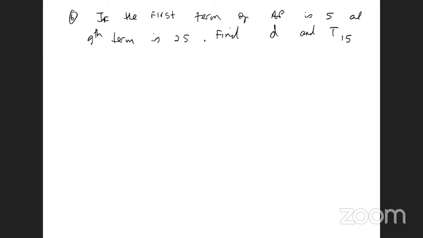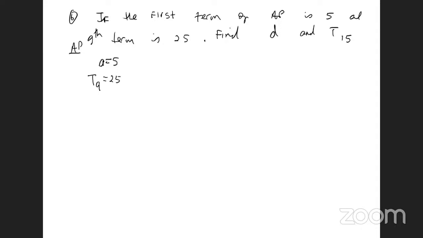All right, so let's see what you came up with, right? All right, nice. So here's what I will do. The first thing I will do is write down what the question gave me, right? The question told me that A is 5. The question told me it's an AP as well, right? The question also said that the 9th term is equal to 25.